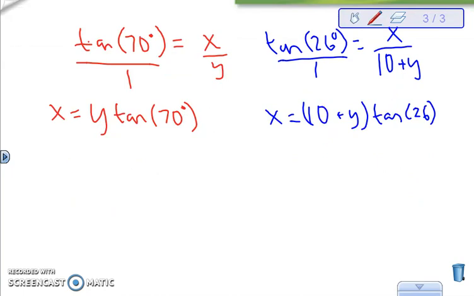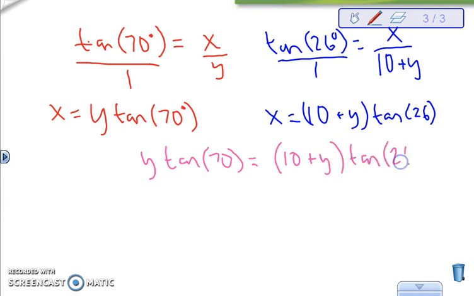Since both sides are equal to x, we know they're equal to each other. So y times the tangent of 70 equals 10 plus y, times tangent of 26.